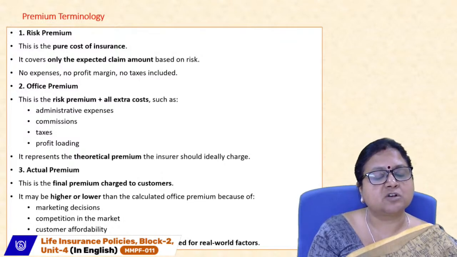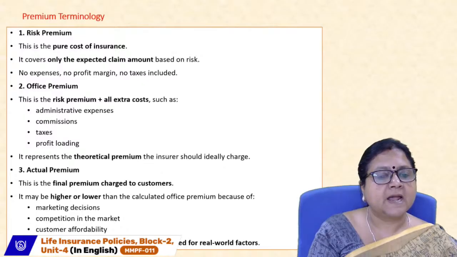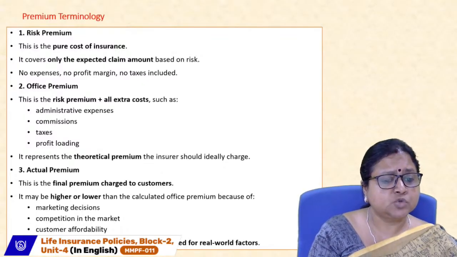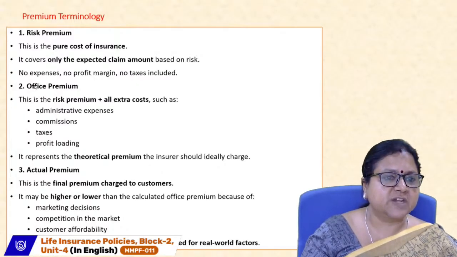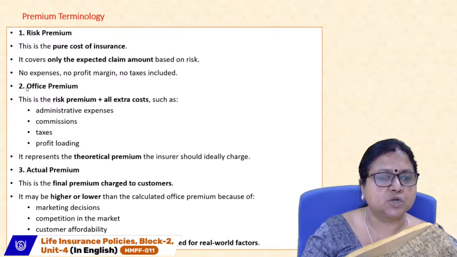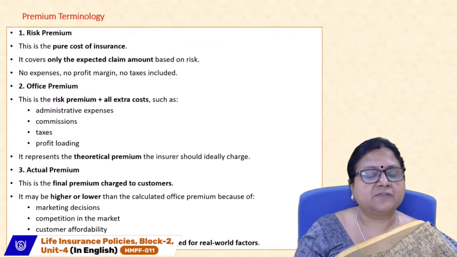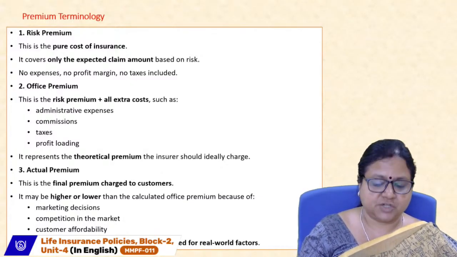How much premium is offered by the competitors for different products in the market, and of course it also depends on the marketing decision. So actual premium is equal to the office premium, which we have derived in serial 2, adjusted after taking all the other real world factors into consideration.